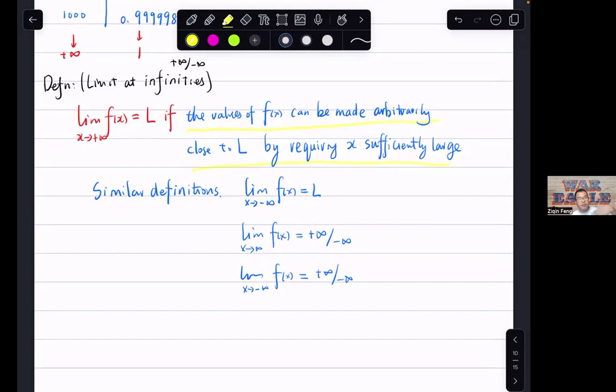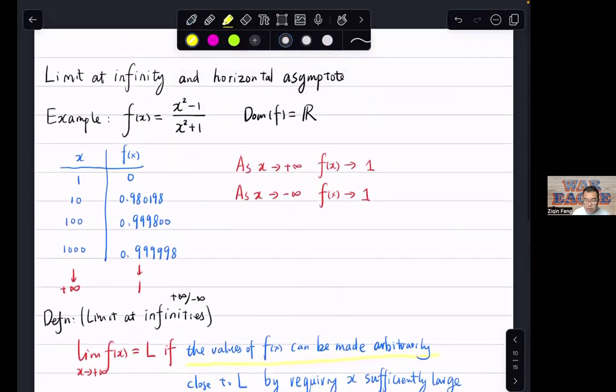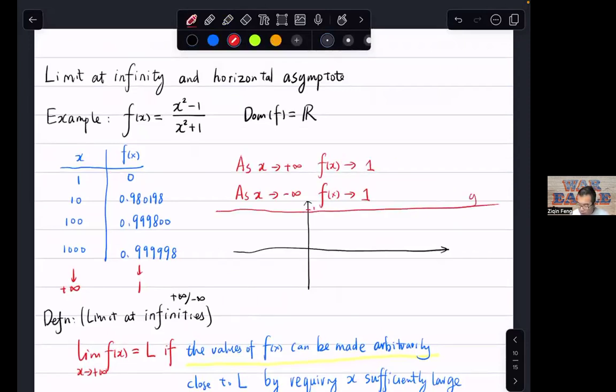So if the function value is getting closer and closer to a number, let me try to sketch what happens here. The function value in this example, as x gets larger and larger without upper bound, is getting closer and closer to the horizontal line y equals 1. If we call this 1 here, this is y equals 1.